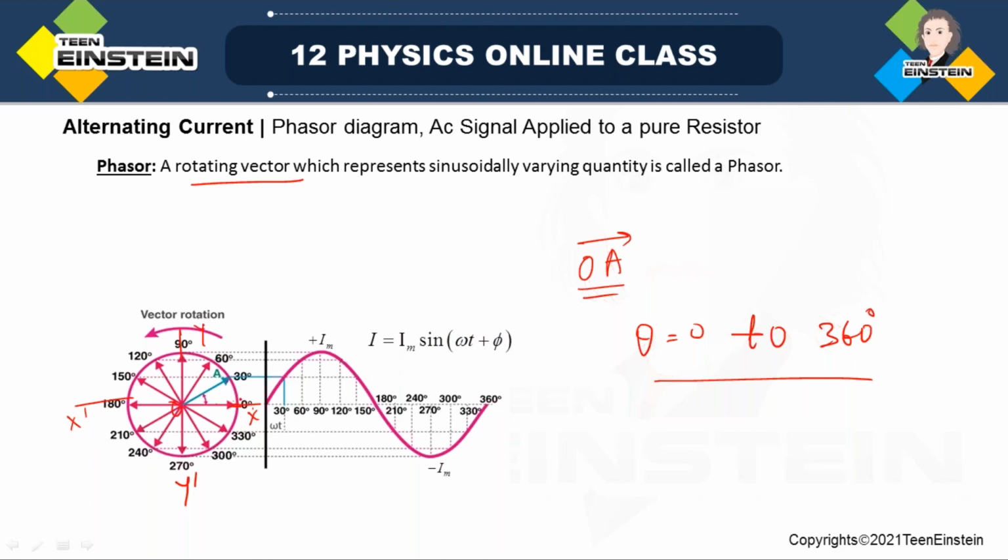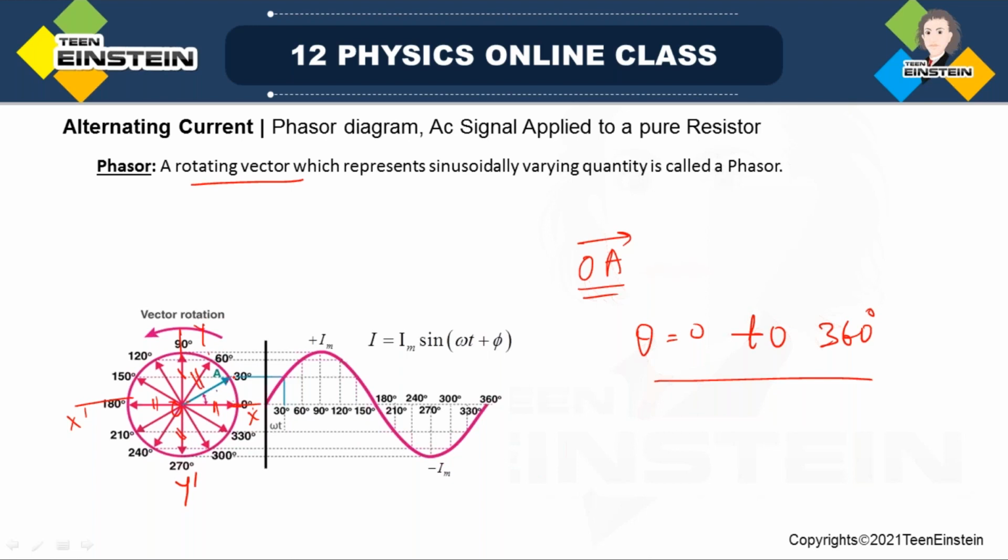Like here, at 0 degree the position is here. Then when it is at 30 degree the position is here, 60 degree position is here, then 90 degree position is here. This is 270 degree, this is 180 degree, and here again 0 or 360 degree at the same position. So this is how a rotating vector rotates in anti-clockwise direction.